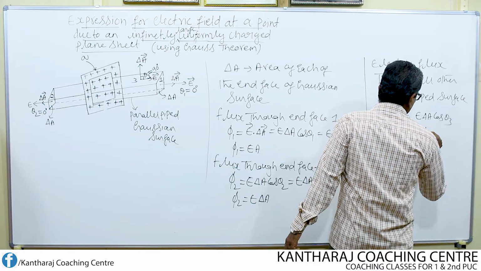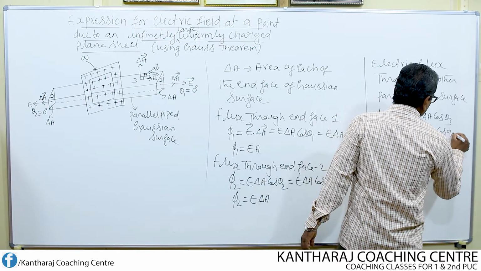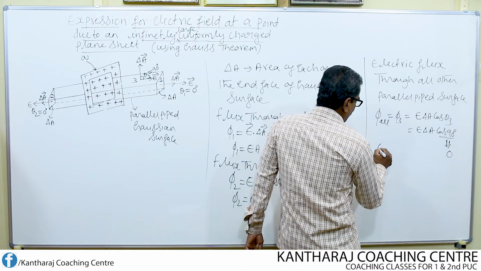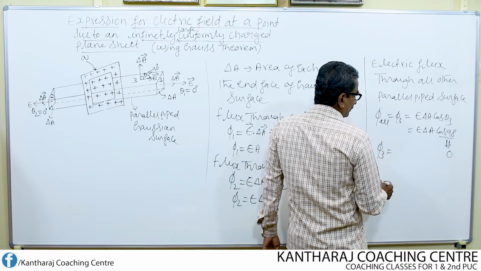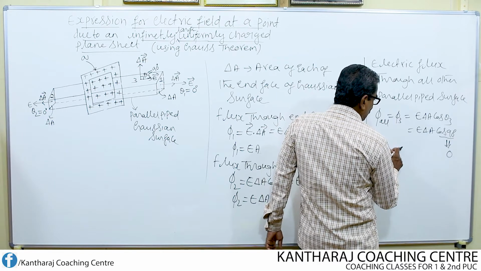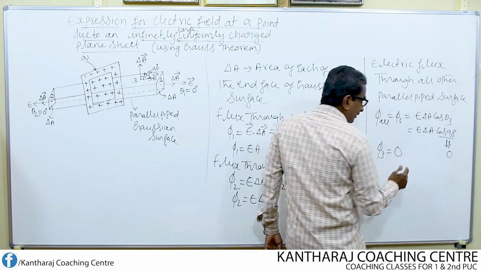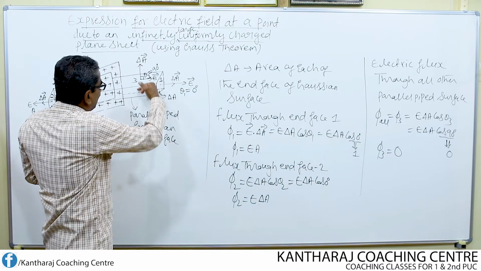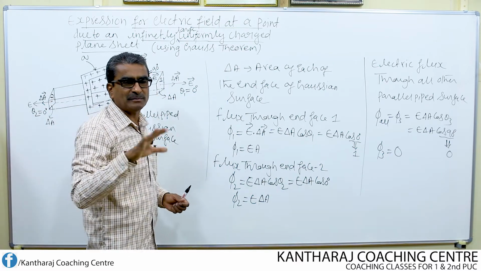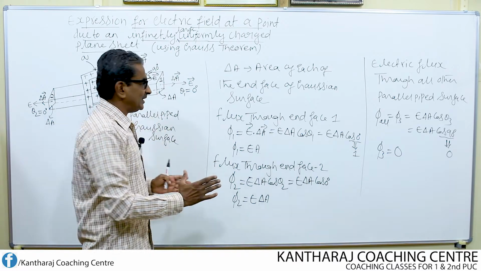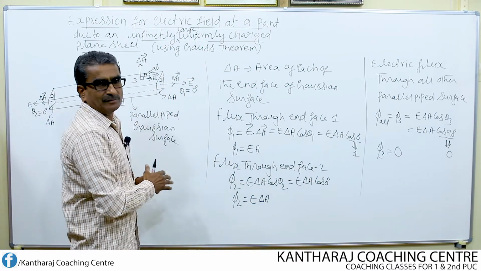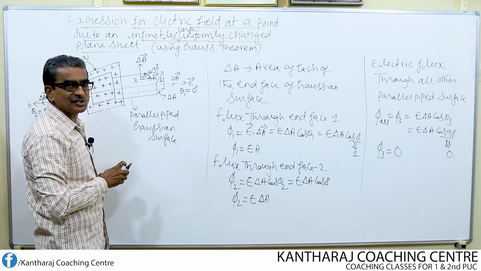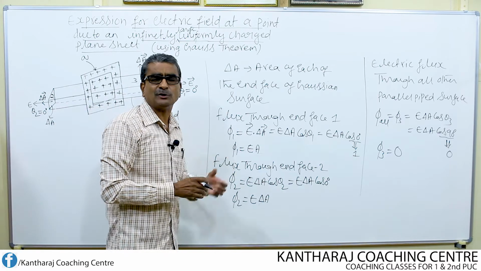This is E into delta A into cos 90 degree. So cos 90 is nothing but 0. So phi 3 becomes equal to E into delta A into 0, which means 0. That means no electric flux is emerging from any one of the rectangular parallelepiped surfaces. Only the electric flux is coming out from the two end faces which are on either side of the charged sheet. So now find the total flux.